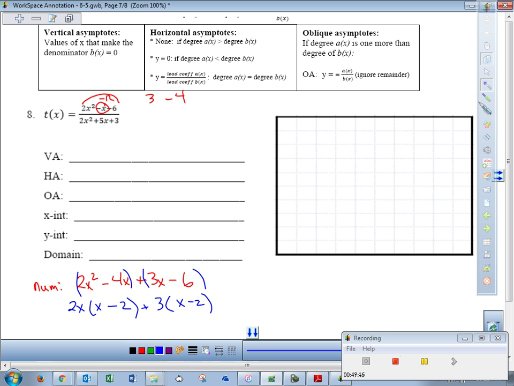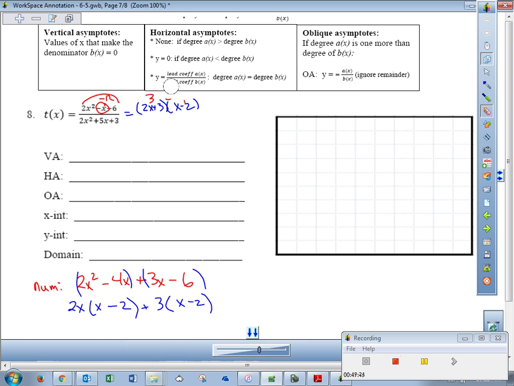And now I'm going to put it right next to my numerator up here. You can write it down again if you want to. It's really 2x plus 3 times x minus 2. That's my numerator. 2x plus 3 multiplied with x minus 2. Now I got to factor my denominator.